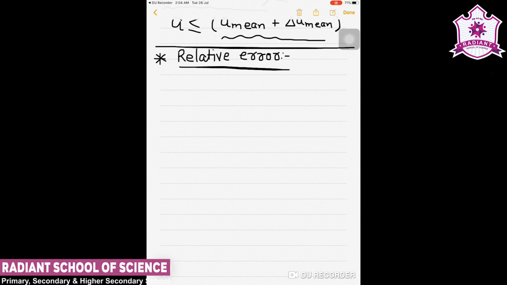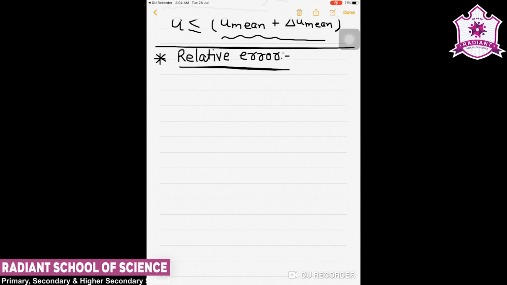Simply, instead of absolute error, we often use the relative error or the percentage error. How to define it? The relative error is the ratio of mean absolute error, that is delta A mean, to the mean value of A, that is A mean, that is measured value.